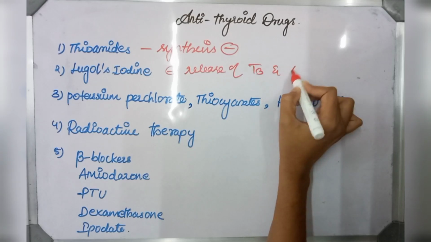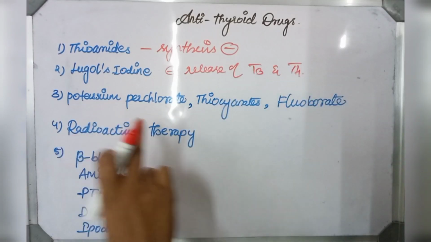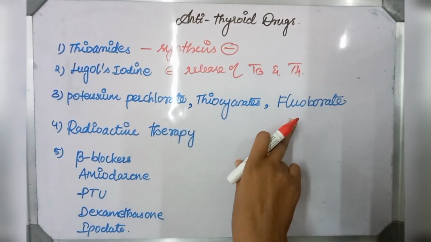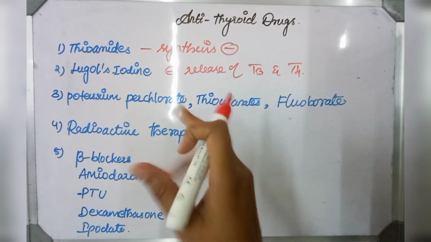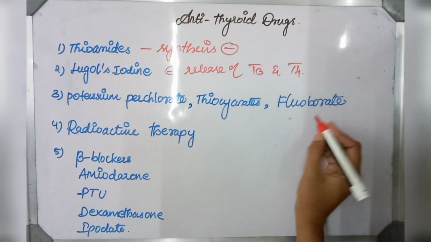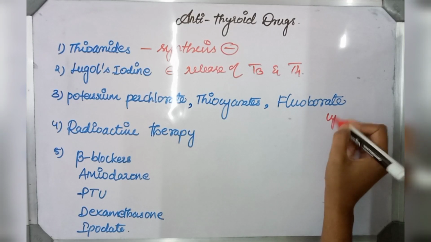Potassium perchlorate, thiocyanates and fluoborates inhibit the uptake of iodide ions.